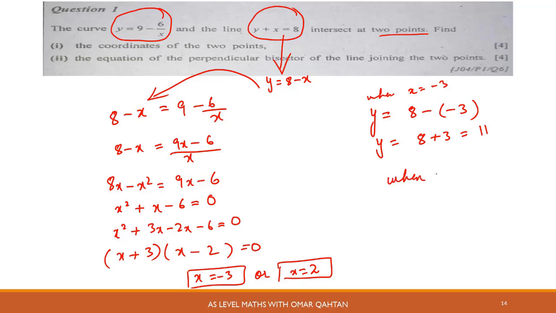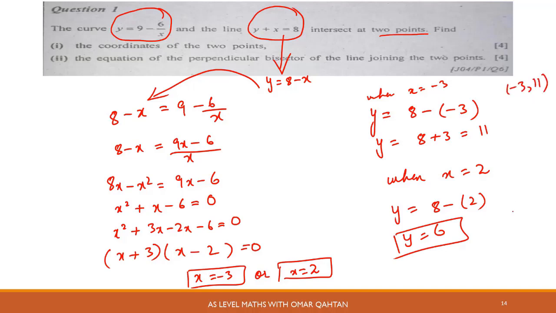Alright, so when x equals 2, y equals 8 minus 2, y equals 6. So we can write these coordinates like this: (-3, 11) and (2, 6). So these are the x and y values where this line and the curve intersect each other, so they would definitely be meeting at those points.